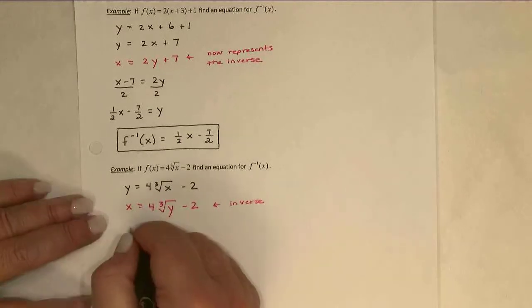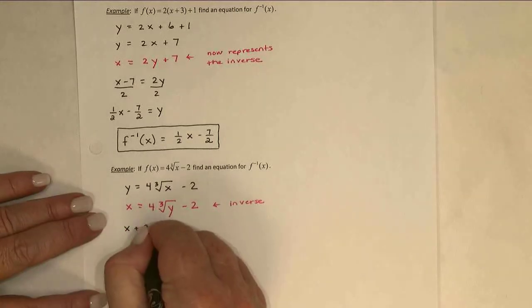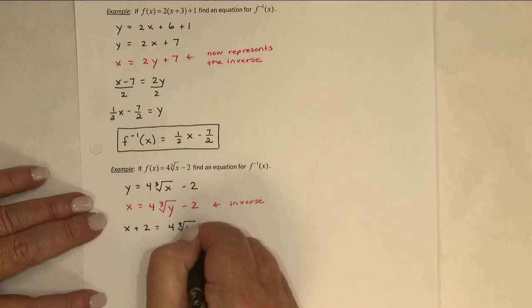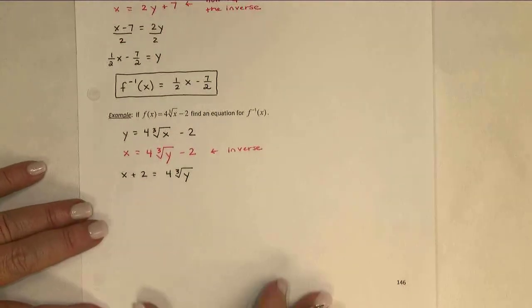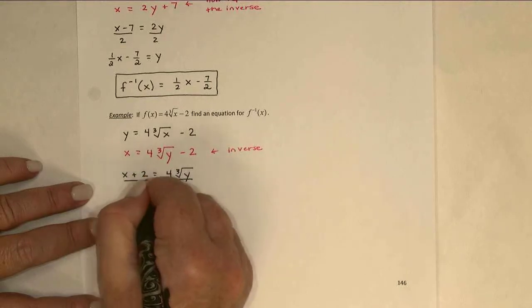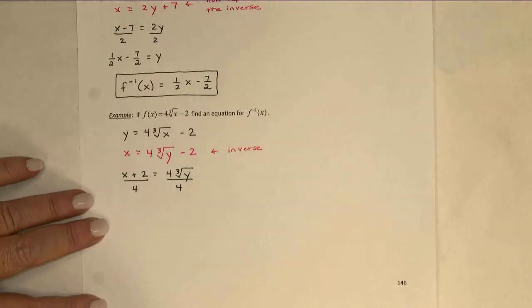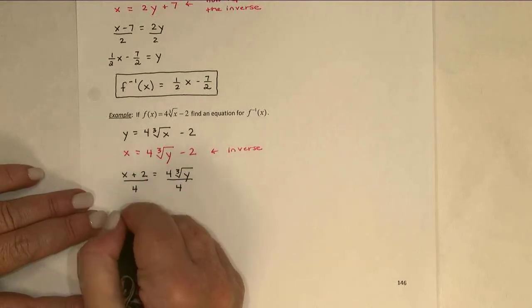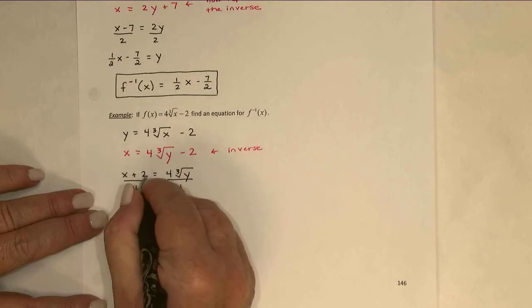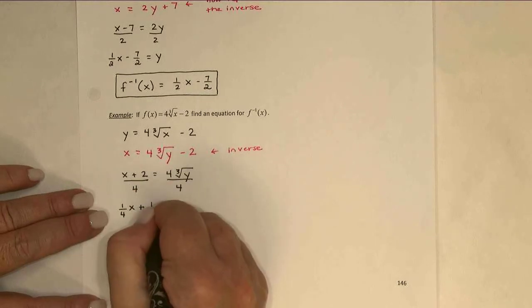So I'm going to add the 2. And then we'll divide by the 4. So I have 1/4 x plus 2/4, which is really just 1/2.